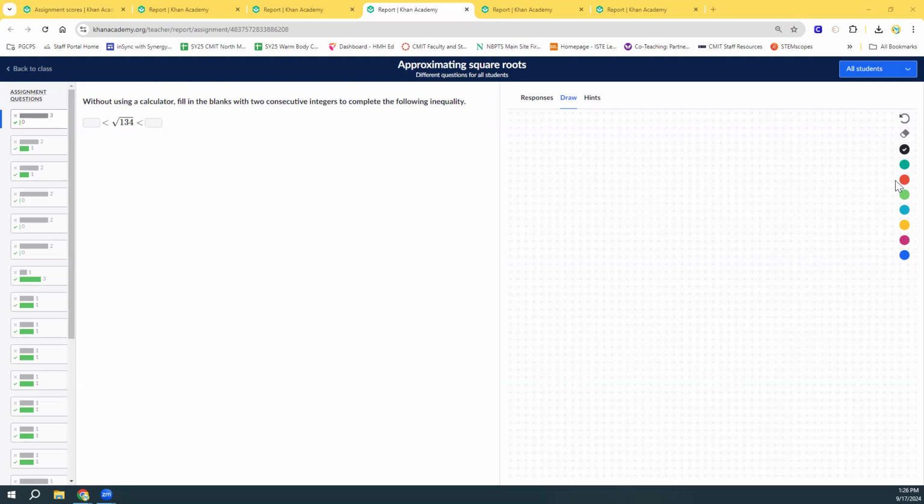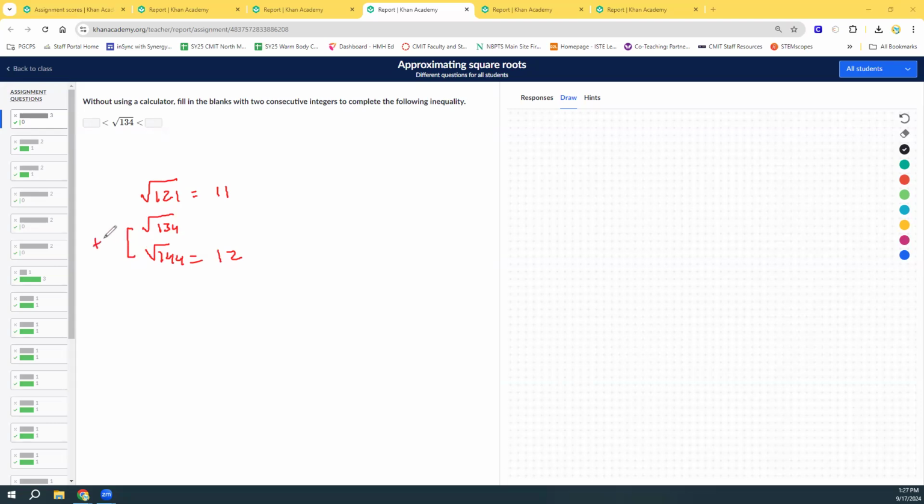So if we have our list, 134, I know that I have 121, the square root of 121 is 11, and the square root of 144 is 12. And 134 is in between those two, because 134 is in between 121 and 144. And so we want to say how far away is it from each?